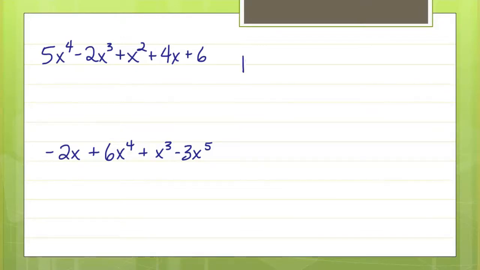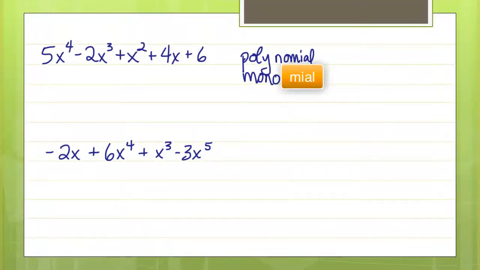Most basic terminology, poly means many and mono means one. So a polynomial has many terms or more than one term, and a monomial is just one term. So this polynomial is built up of many terms. That's a term, that's a term, that's a term, that's a term, that's a term.